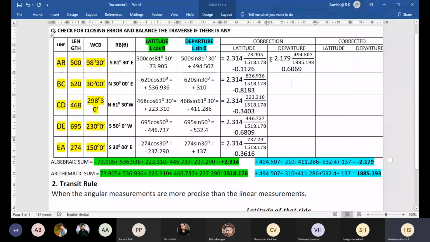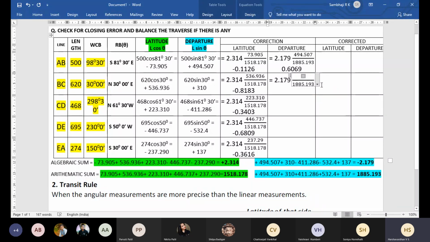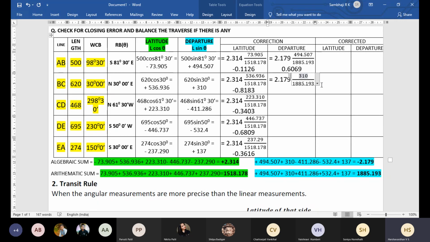Next line. Yeah, everything will remain same. Total error in departure is 2.179. Departure of that line is 310. Arithmetic sum of departure is 1885.193.